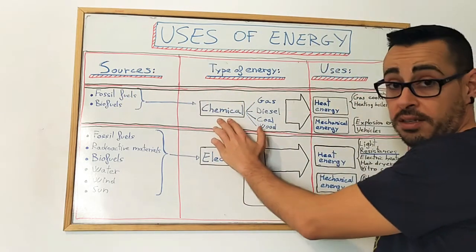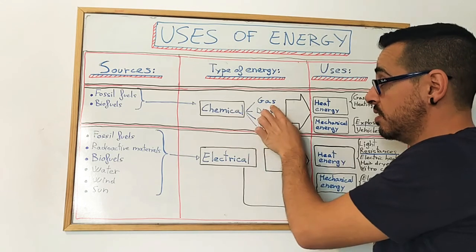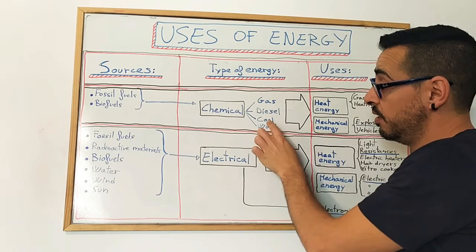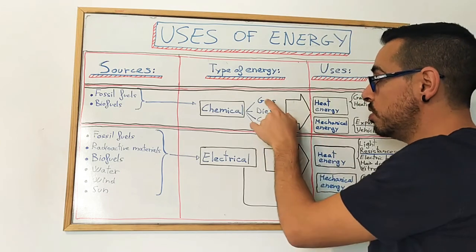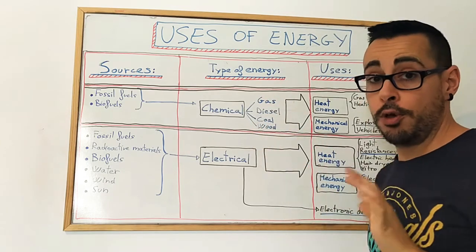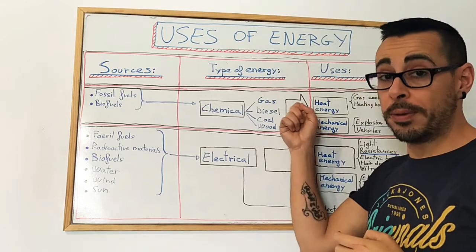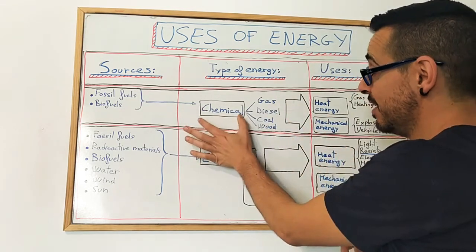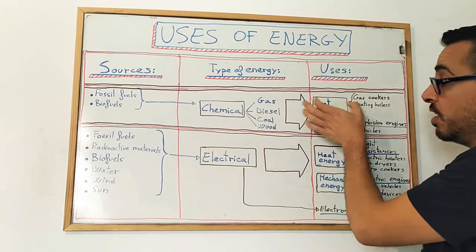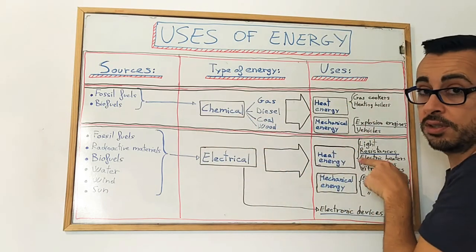Chemical energy is gas, diesel, coal, carbon, or wood. We use this chemical energy for burning it. We burn this, and this energy is going to be transformed into other kinds of energies.